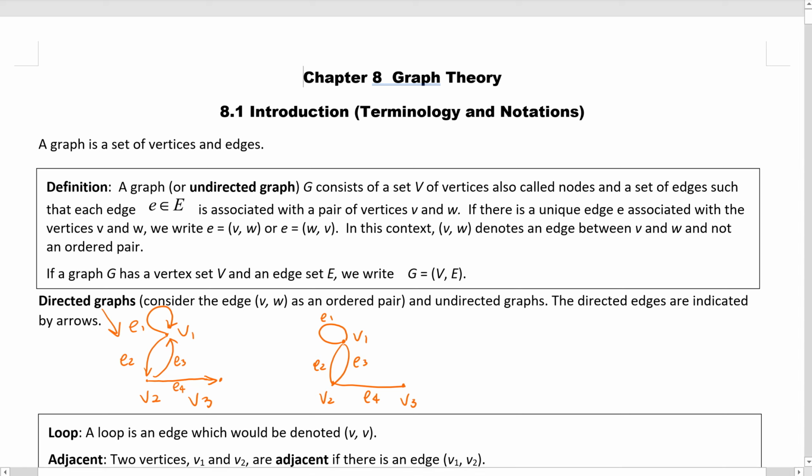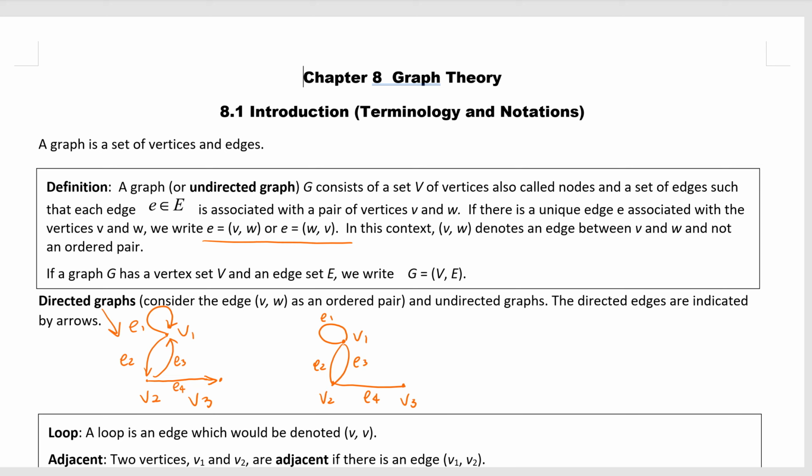Through this example, you can see there are 2 edges connecting the vertices V1 and V2. That's why sometimes the edge connecting 2 vertices might not be unique.